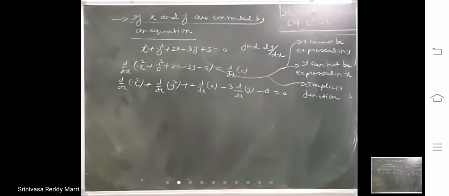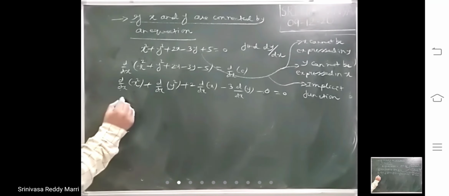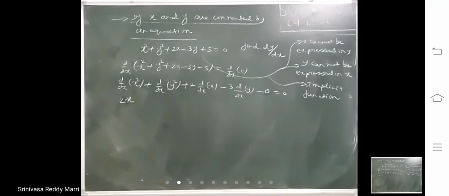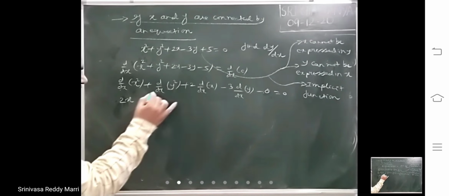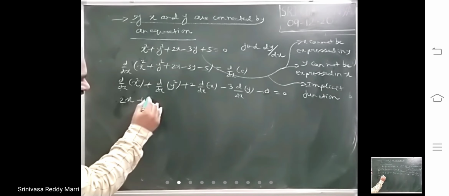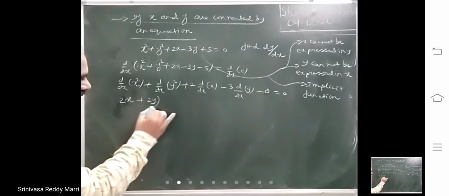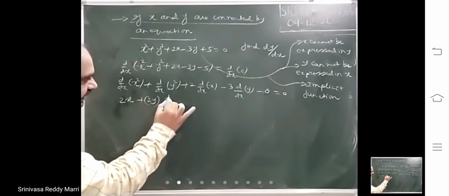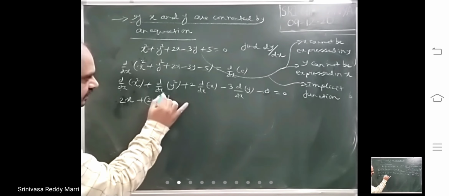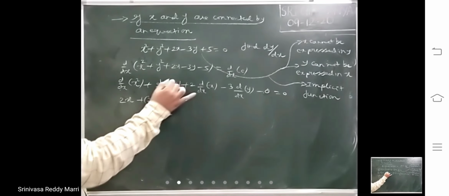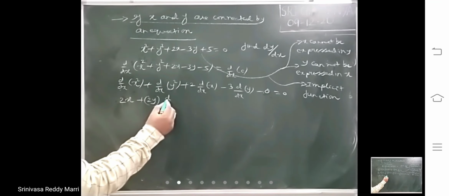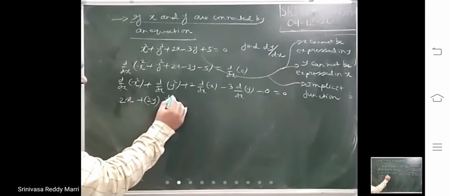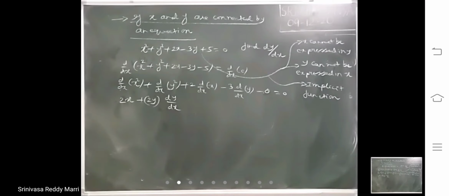Now d by dx of x square, direct formula, is 2x. Whenever you are doing the derivative of y to the power n, you write 2y, and finally after completing differentiation you write again d by dx of y, that is dy by dx.